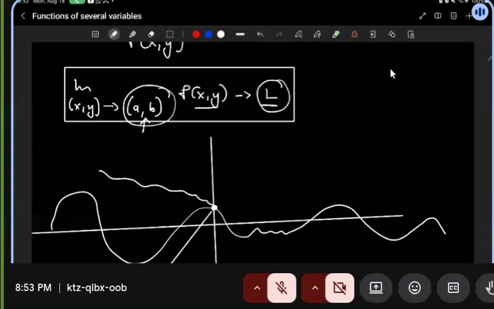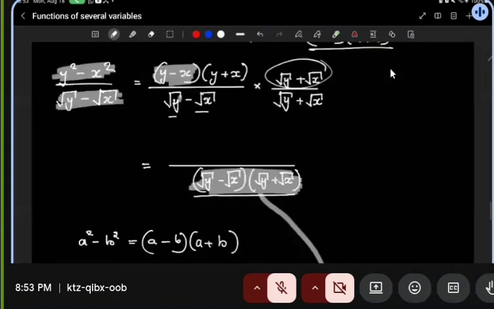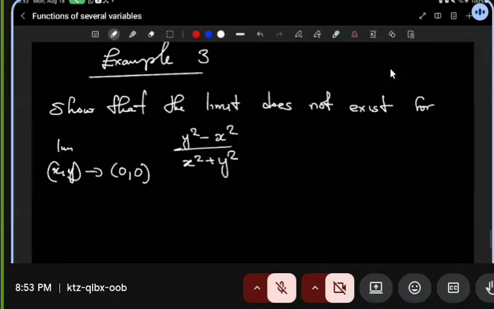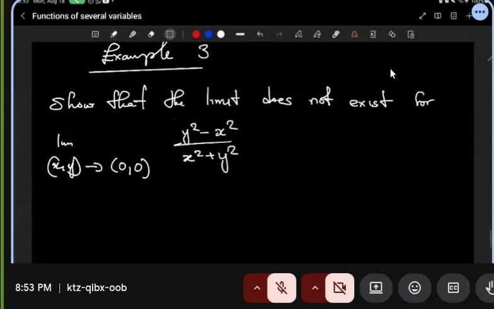Check a third path, it gives the same limit. Maybe even path number 4 gives us the same limit. The question still remains, what if there is that one path we haven't considered, which ends up giving us a different limit? So we cannot conclude the existence of a limit by just checking the paths and what they are giving us.